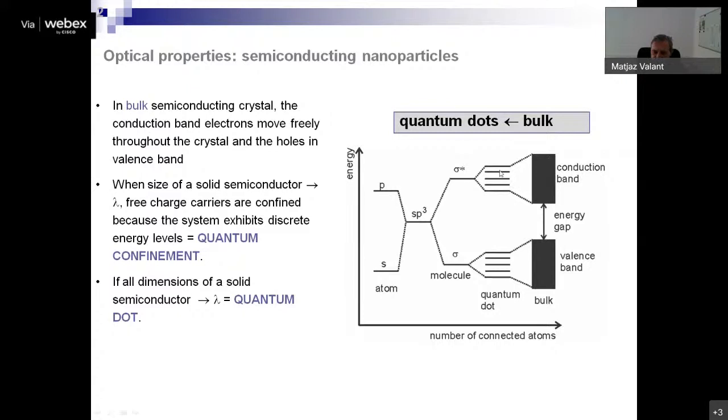And if the cluster becomes very small, we call it a quantum dot, suddenly the levels cannot be considered as continuous anymore, but they are more or less discrete levels within a band. And as a result, also the band gap becomes wider, and suddenly it can give us, after the emission of the excited electrons, a color.